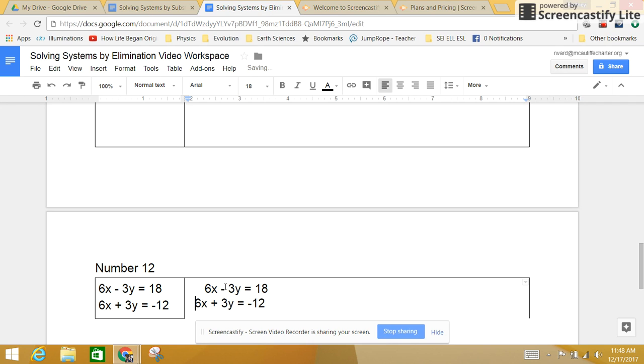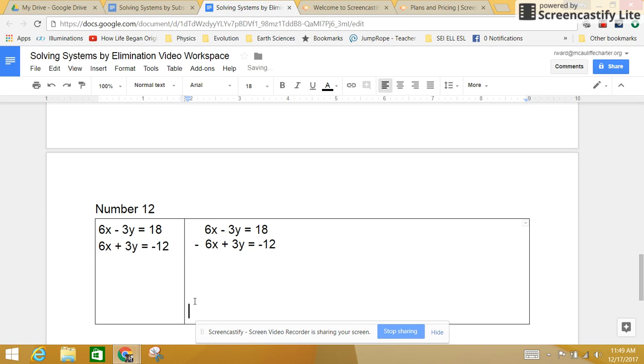And I need to decide, am I adding or am I subtracting? I've got two options. I could add and get rid of the y's, or I could subtract and get rid of the x's. I'm going to start by subtracting and get rid of the x's and solve for y.